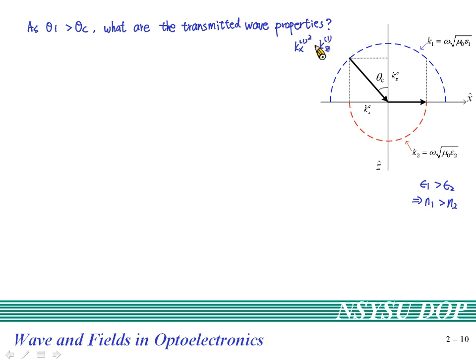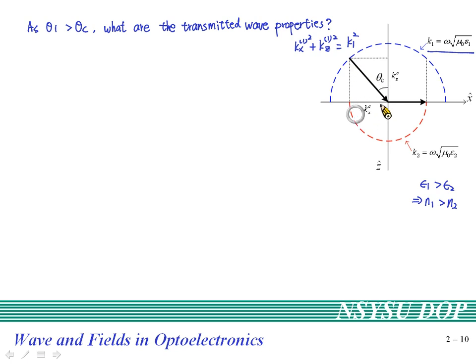The summation of the squares of these two components will equal k1 squared, and k1 is ω times the square root of μ0 ε1. So all the k vectors in the above region have the same value of k1, so they will form a semicircle here with the same radius.